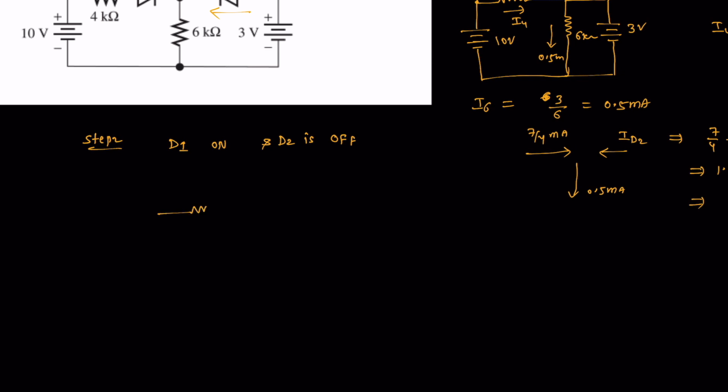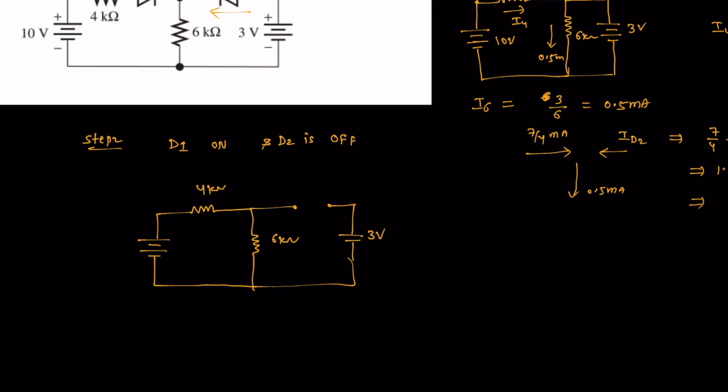In this case the equivalent circuit looks like this. Here the voltage source is connected, and this is left open because we have assumed that D2 is in reverse bias. So clearly here is the 6 kilo ohm resistor and here the 4 kilo ohm resistor, and D1 is short circuited.